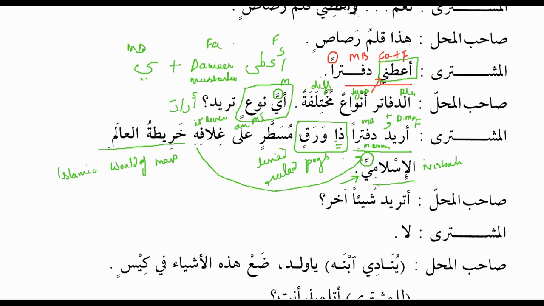So for a male nisba noun, you will see a ya at the end with a shadda. In the case of a female nisba noun, for the same word, it is Islamiyya. So there will be a ta marbuta, but there will be a ya before it with a shadda. Islamiyya, this is for feminine, and Islami, this is for the male nisba noun.